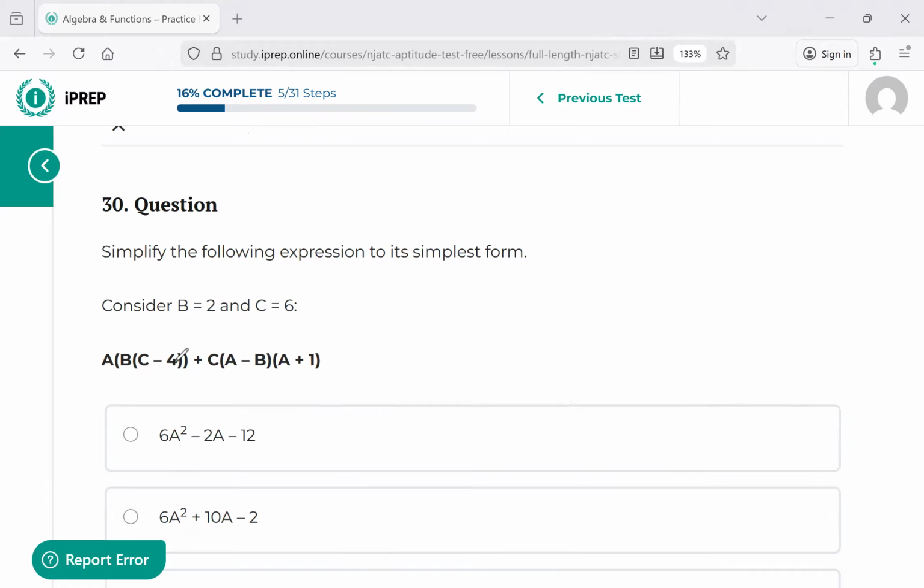It's going to be a times b, just 2, times c, just 6, minus 4, parentheses, plus c, which is 6, a, which is unknown, minus b, just 2, times a plus 1.